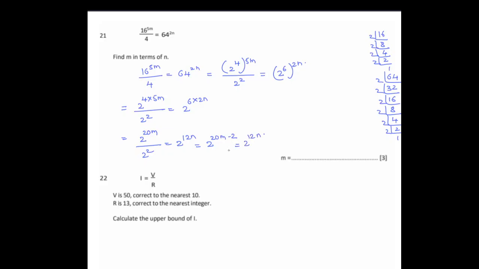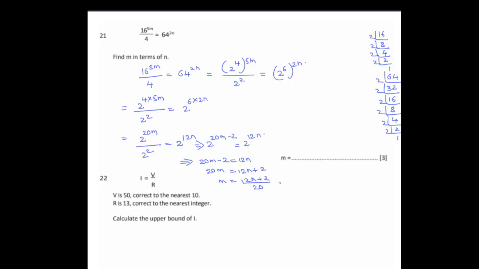Now when the bases are equal, the exponents are also equal. So take 20m minus 2 is equal to 12n. Keeping m on the left hand side, bring 2 to the right hand side: 12n plus 2. Then m is 12n plus 2 by 20 as the final answer.